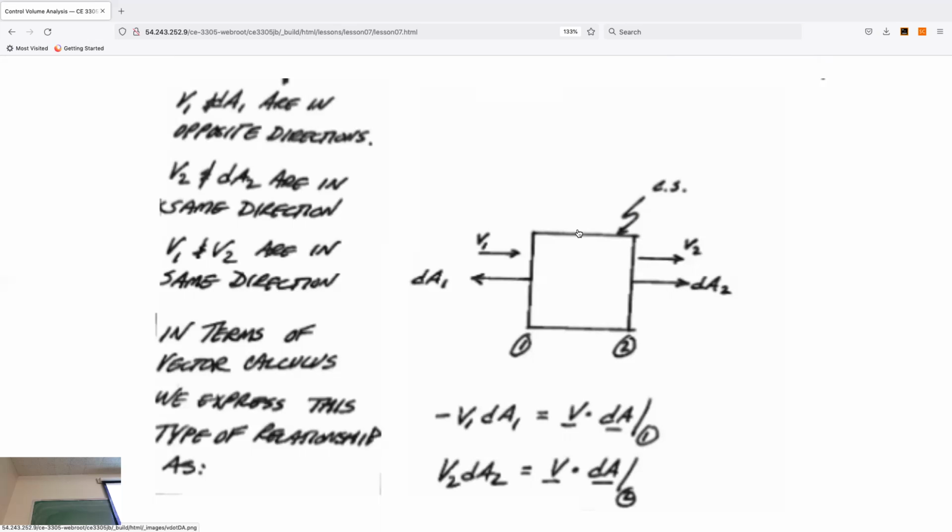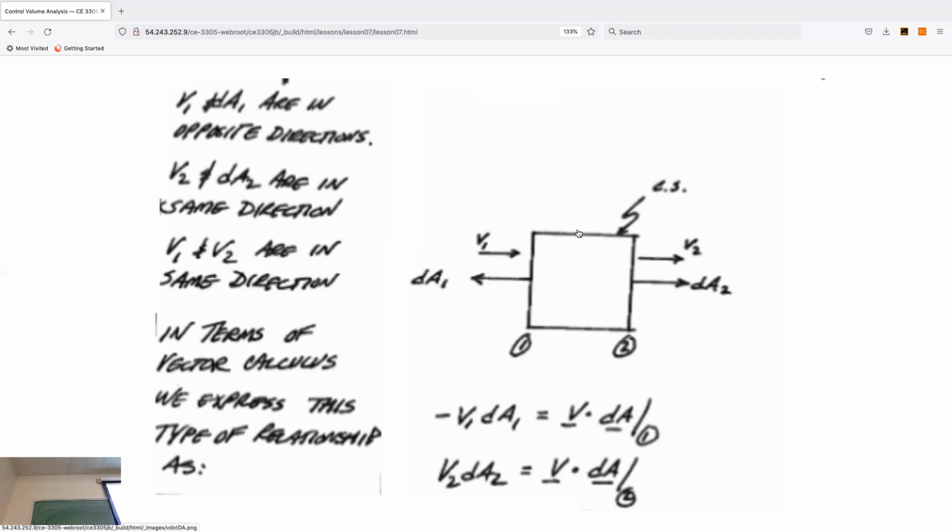So that rho V A is actually really rho V dot A. It's the velocity vector dotted with the area vector. If we were to evaluate that at section 1, the vector V dot the area vector, A, would evaluate as minus V1 A1. The minus sign because the velocity term and the area term are pointing in opposite directions.